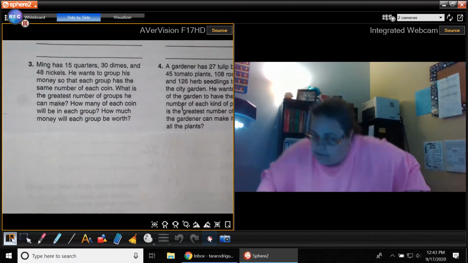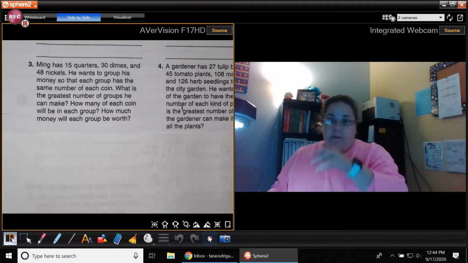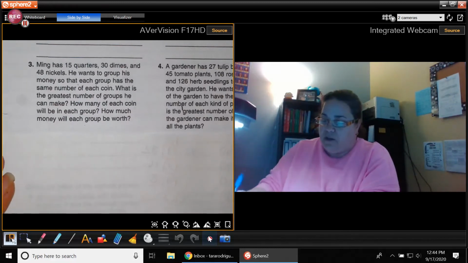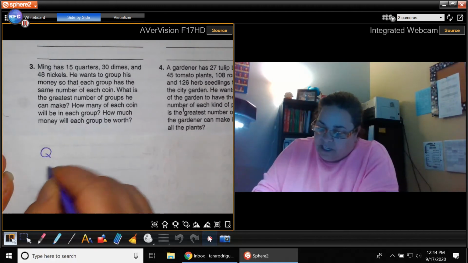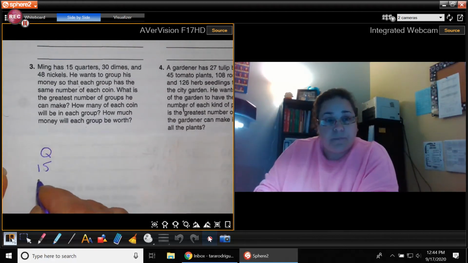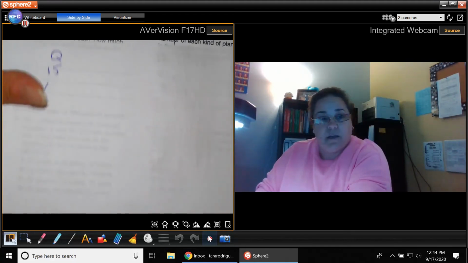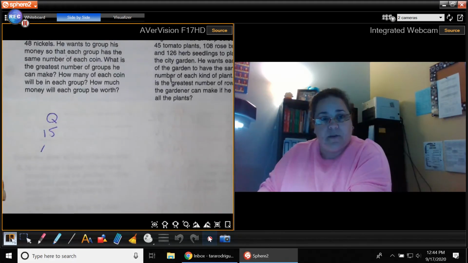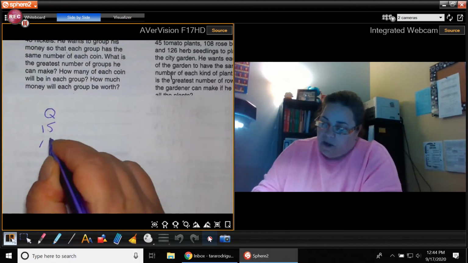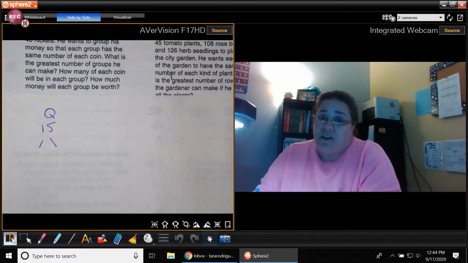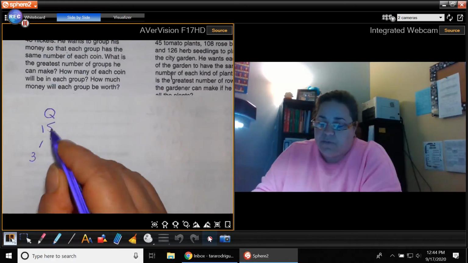Okay, well, let's see. Let's do prime factorization for these ones. Okay, so we're going to do factor tree. So for quarters, I have 15 quarters. I'm going to go up a little bit. Okay, prime factorization. 2 does not go into 15. 3 goes into 15. 3 goes into 15 5 times.